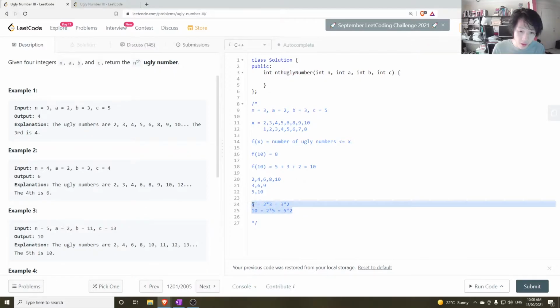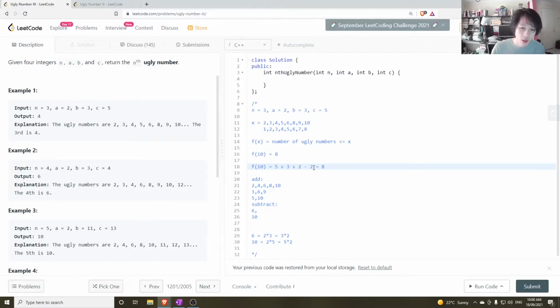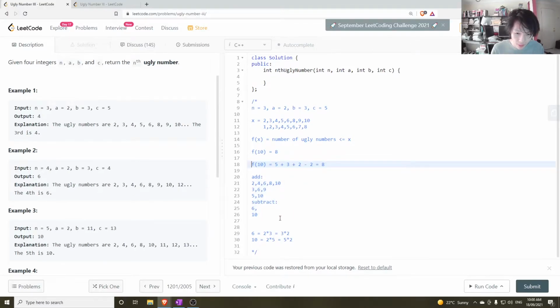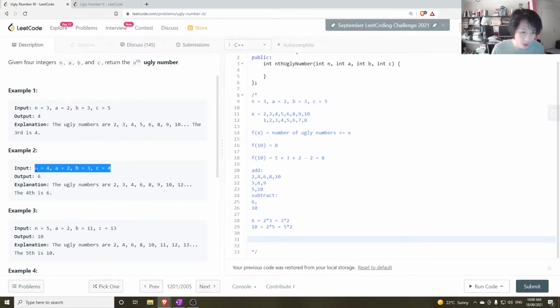So what if we add all of these and subtract all multiples of 6 and 10 to prevent double counting? There's only one 6, and there's only one 10, so I can subtract those two. Would that work and get me 8? It works for this case, right? But what if we consider the next example? Okay.